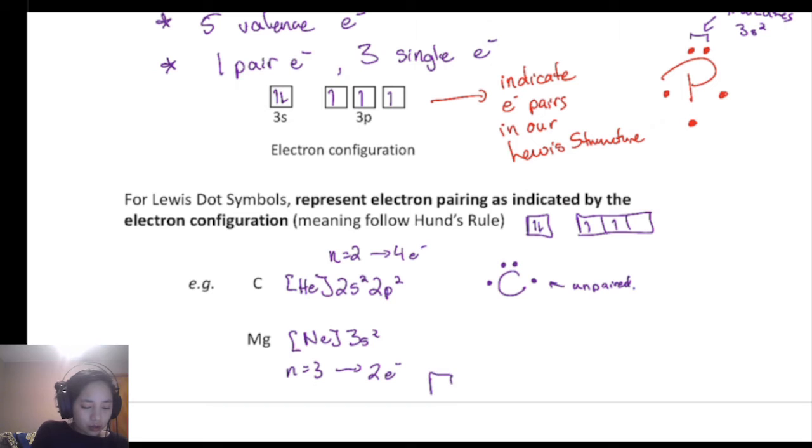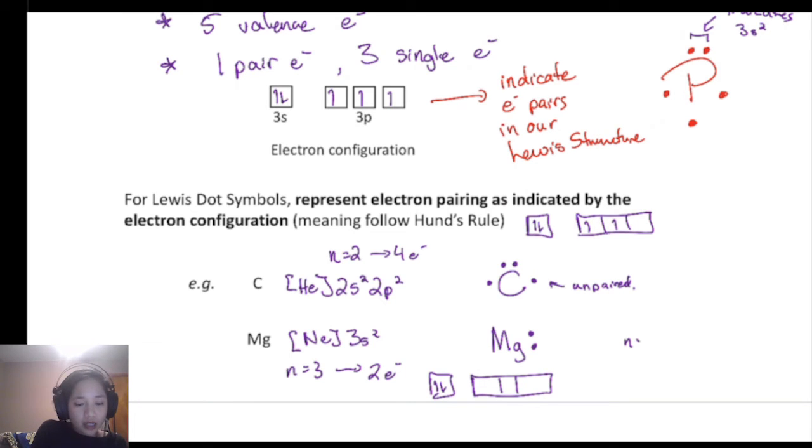If you fill the electron diagram using Hund's rule, those two electrons will fill the 3s orbital, and there will be no electrons in the p. We want to indicate that when we draw the Lewis dot structure. You're just going to have two electrons. You could put them on the top or the bottom, but they do have to be paired.